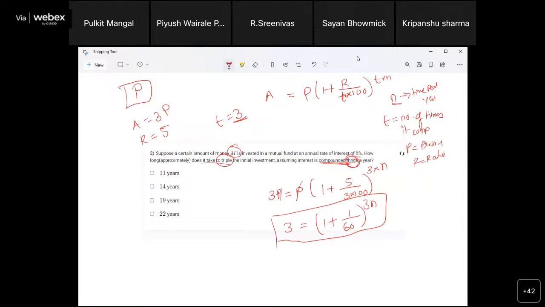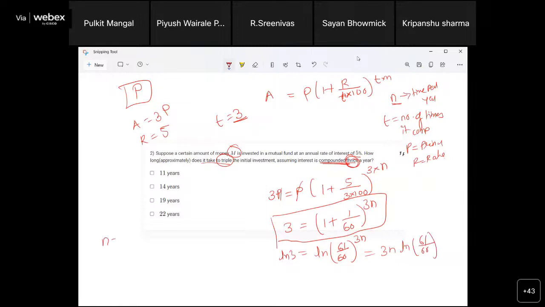Taking natural log, ln of 3 equals ln of (61 by 60) to the power 3n. By the power rule, the 3n comes to this side: 3n ln of 61 by 60.